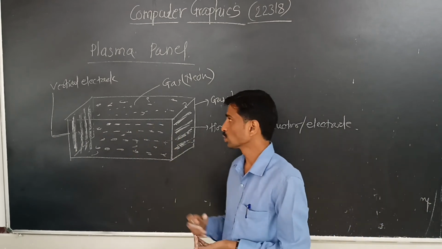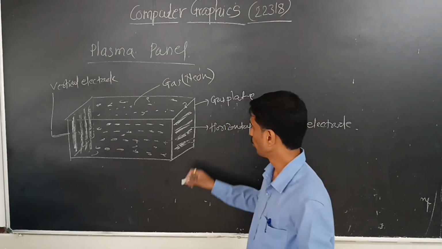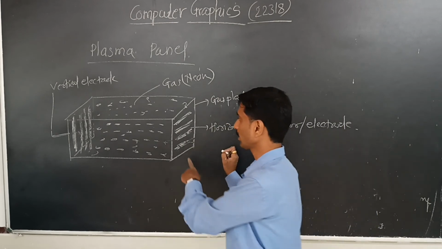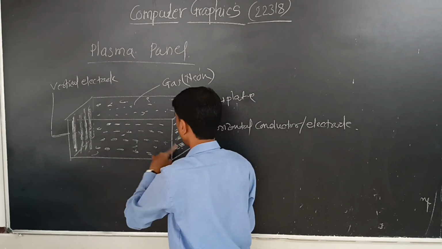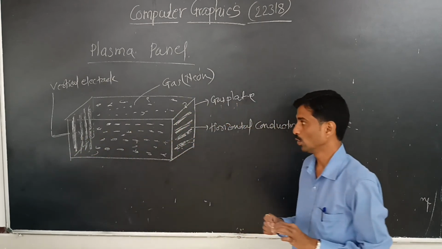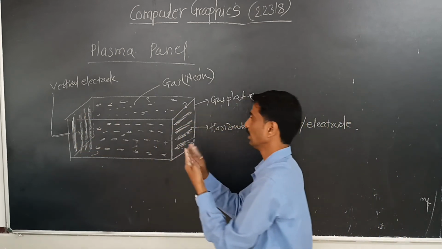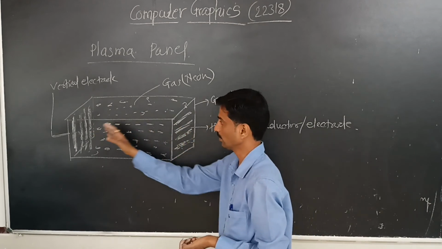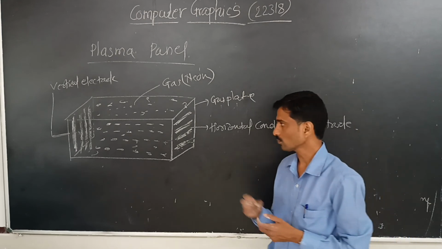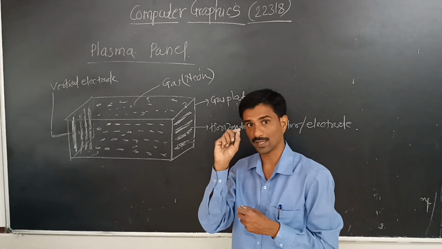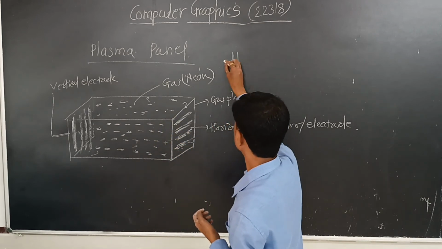Then how exactly does the plasma panel work? When we apply electrical voltage on these electrodes, the intersection of these electrodes will generate a particular voltage at that intersection.